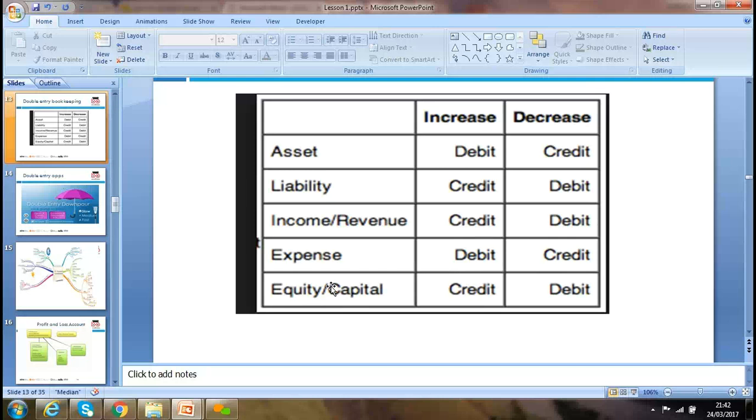Equity means share capital. When we issue more shares to the public, what are we getting? If you have a company and we need more money, we issue more shares to the public.